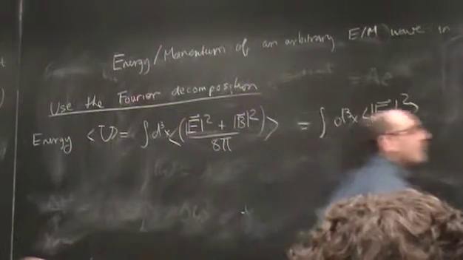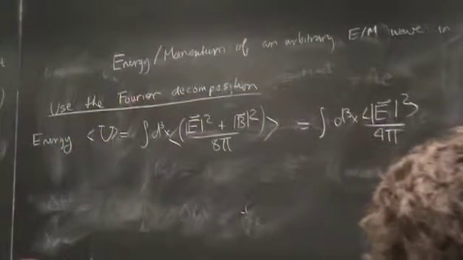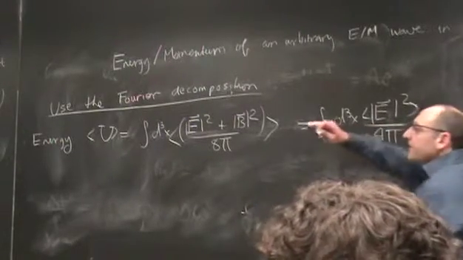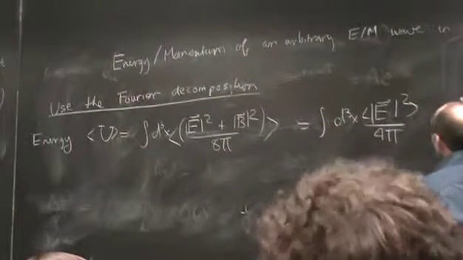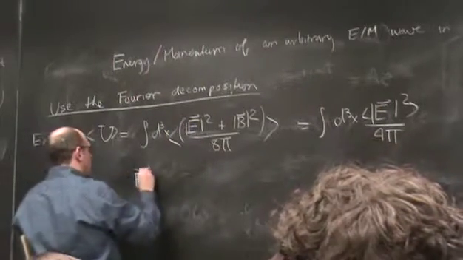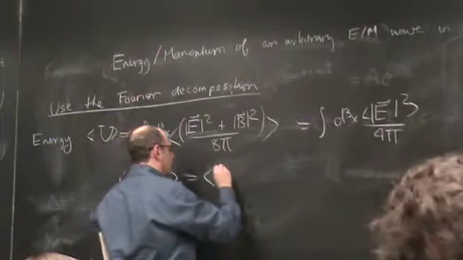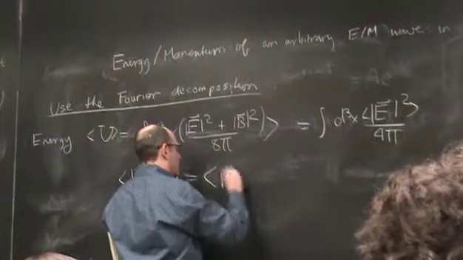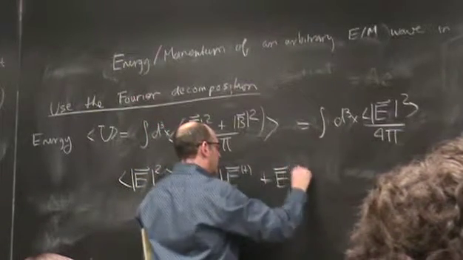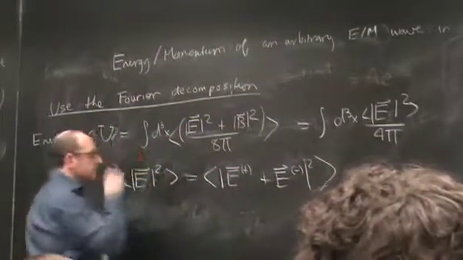Each contributes equally, E and B are equal, so we just add them up. And now we can express this in terms of the positive and negative frequency components. The average of E squared is the average of E plus plus E minus, squared.